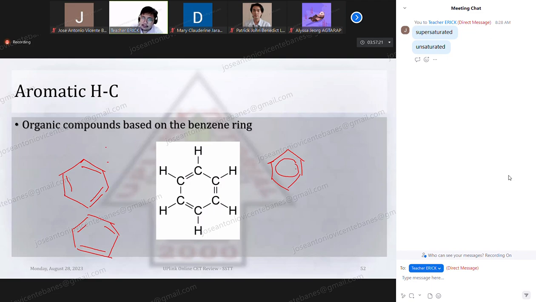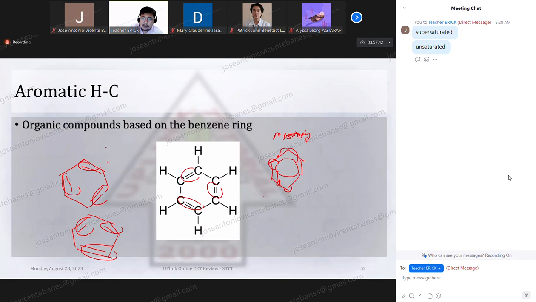Why? This is because the double bonds here and the double bonds here are almost equivalent and they are what you call resonating. If they are resonating, it means the double bonds can be transferred from one bond to another bond as long as they are alternating.